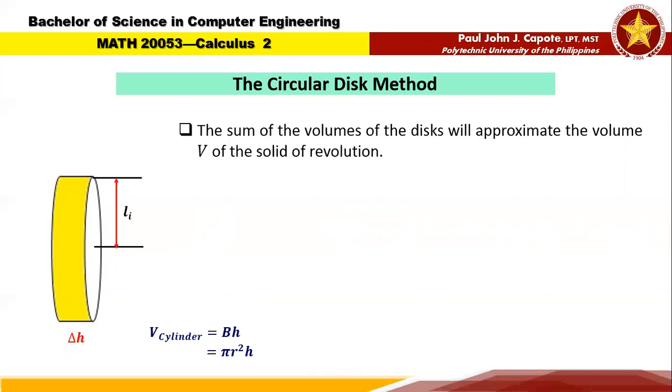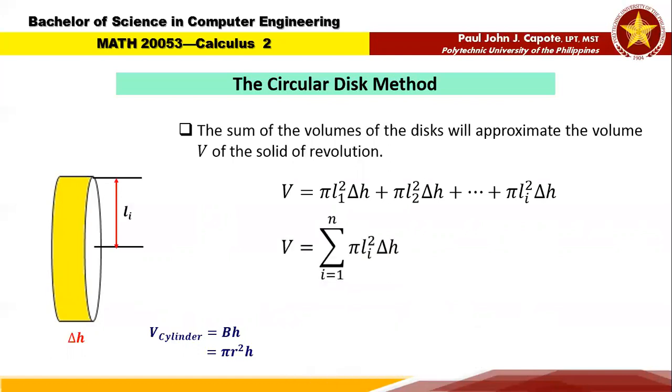where r refers to the radius of the cylinder, and at the same time, this radius of the cylinder is the length of the rectangular element, which is L sub i. The volume of the solid of revolution is the sum of the volume of individual disks whose radius is equal to the length L sub i of each rectangular element and whose width is equal to delta h.